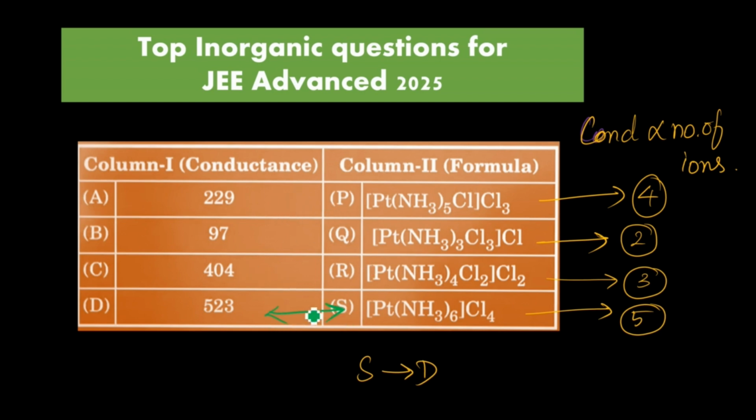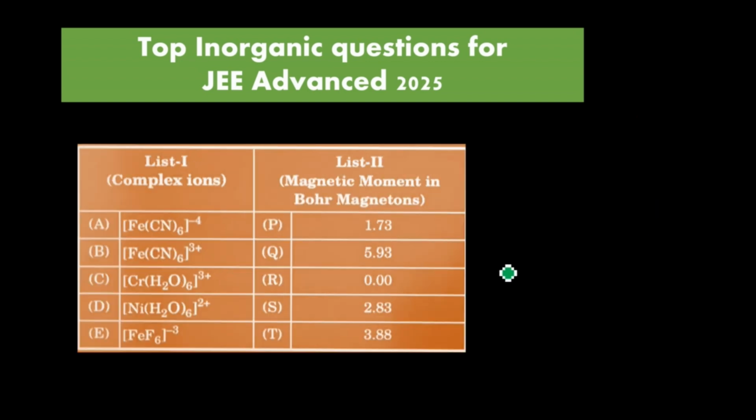This to this, and then this is to P, and then comes 3, that is A. Then finally Q to B or B to Q. Okay, so this is how you have to solve this type of question. Simple question, but you have to know the concept. Here comes the next one. You can solve this question in a minute. Believe me, you can solve this question in a minute.